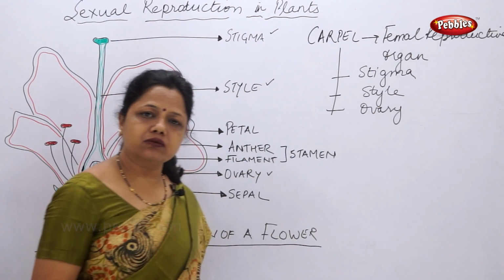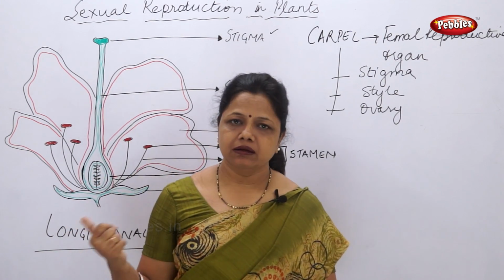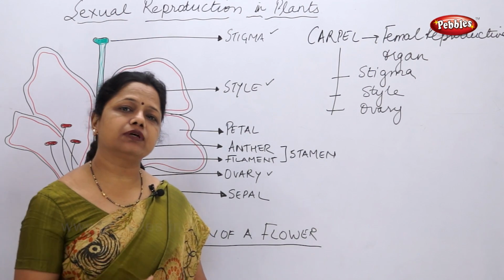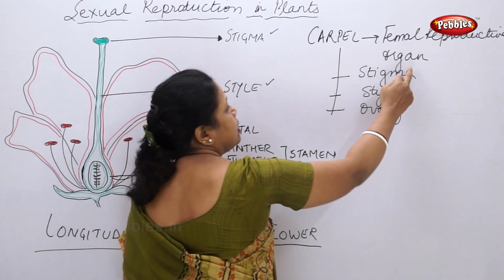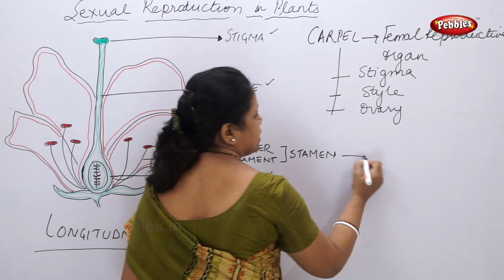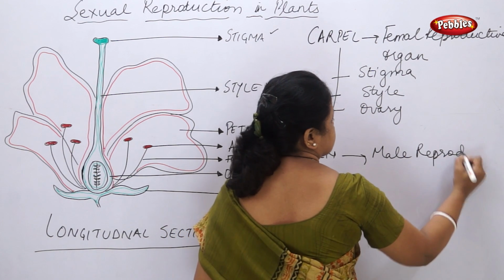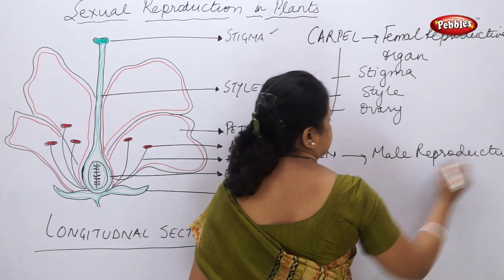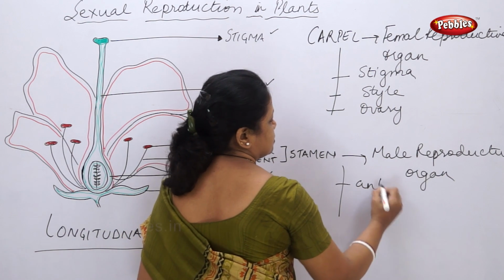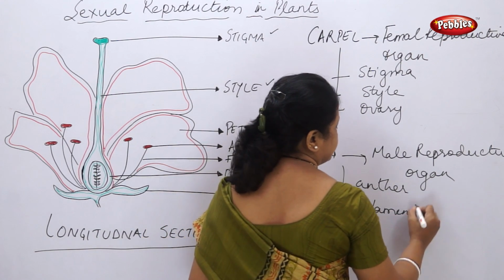So you can be asked the question, what is the name of the female reproductive organ in a flower? You will say it is called carpel. And what are the various parts of the carpel? Various parts of carpel are stigma, style and ovary. Now what is stamen? Stamen is the male reproductive organ and it has two parts, which are anther and, second, filament, which is very important.